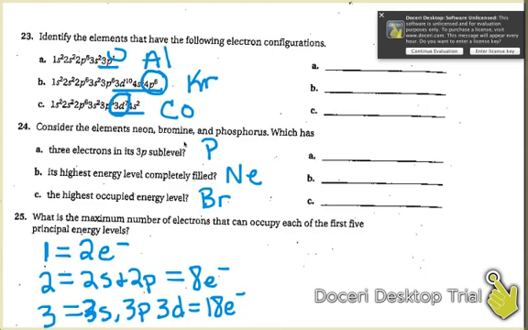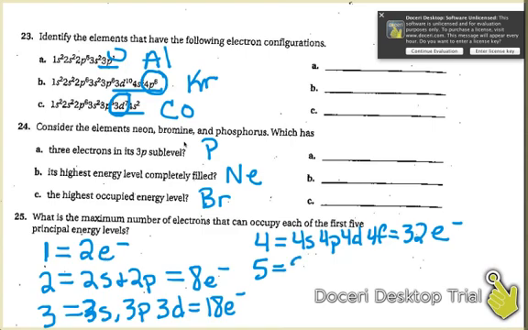The fourth can have a 4s, 4p, 4d, and 4f, which means it can hold a total of 32 electrons. Okay, but we need to go all the way to the sixth, so we have to do the fifth. The fifth is very similar to the fourth. It has 5s, 5p, 5d, and 5f, so it can again hold 32 electrons.